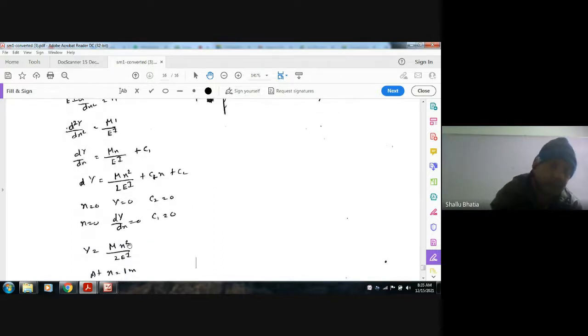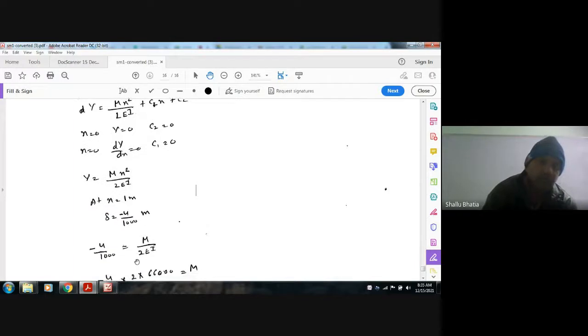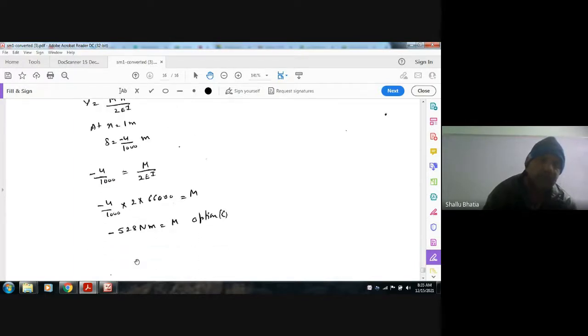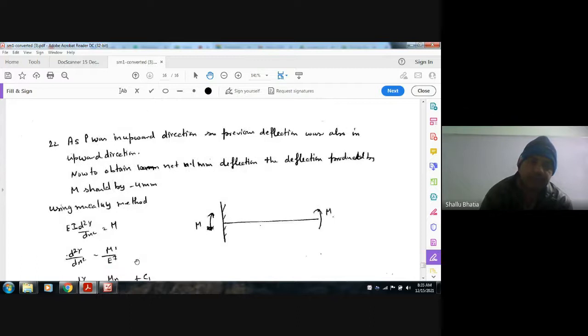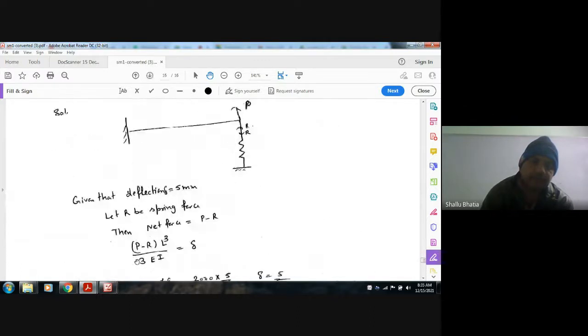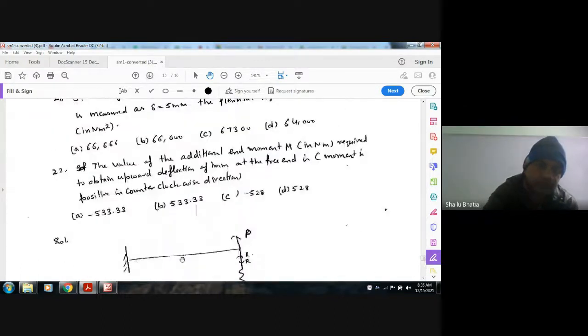So y is Mx square by 2EI. Putting the value of x, that is 1 meter, and y as minus 4 mm, and EI as 66000, we can have M as minus 8 Newton meter. So option C is the correct answer. Okay. Thank you.